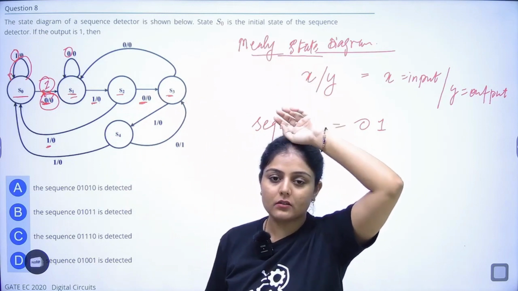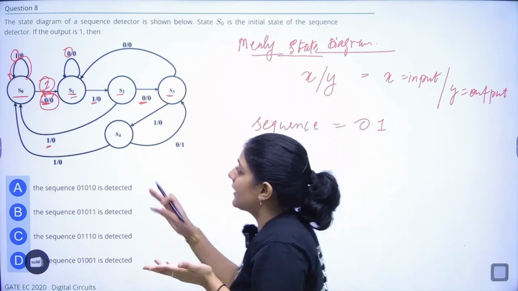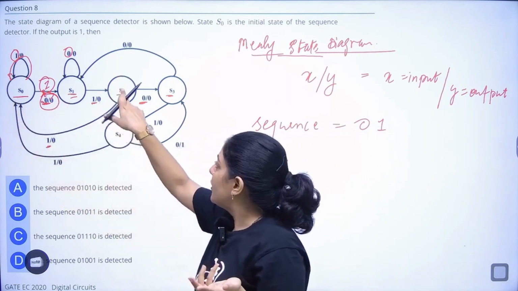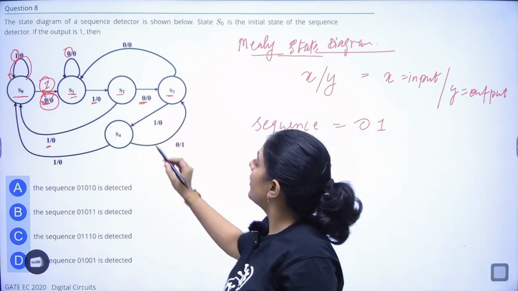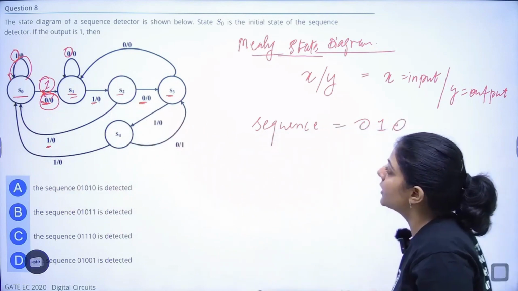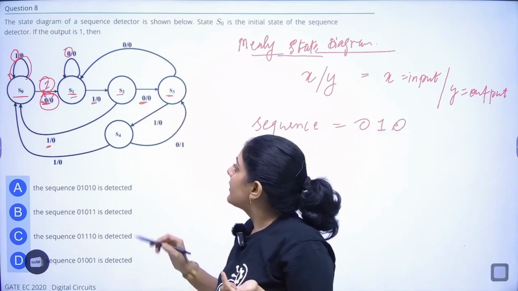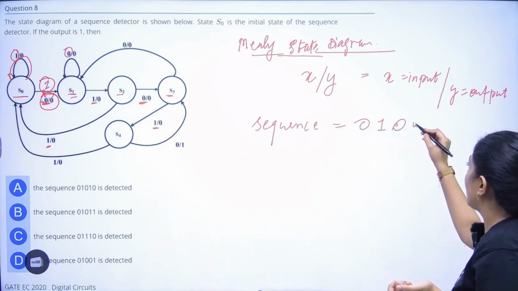We don't have to go back to the previous state, otherwise it will start counting from the beginning. So we have to move to the next state. So it will be giving input 0. Now again we have to move to the next state, so the value will be equal to 1.